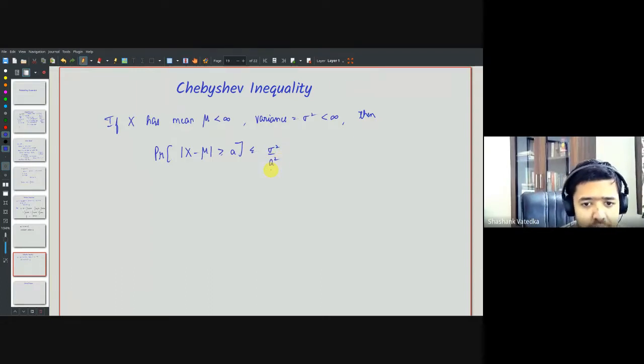So the probability that X deviates from its mean by an amount a is at most sigma square by a square.